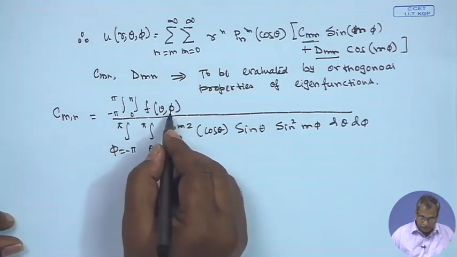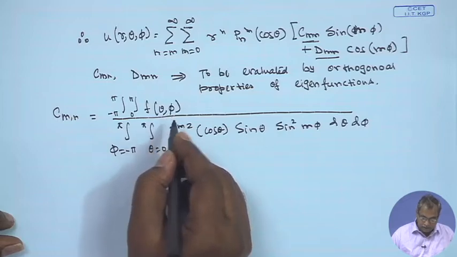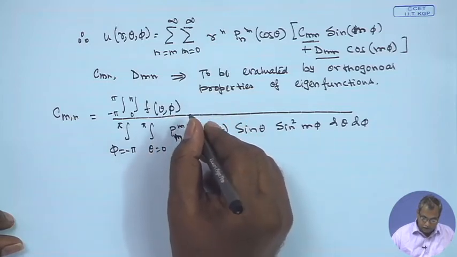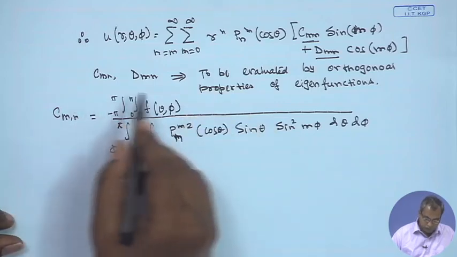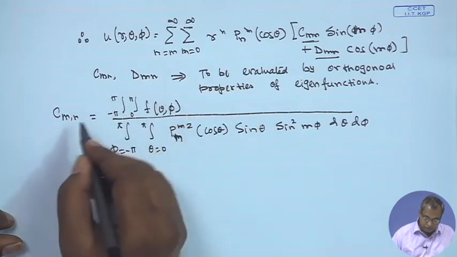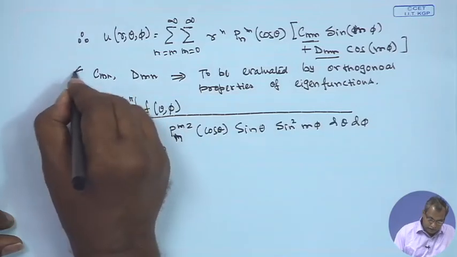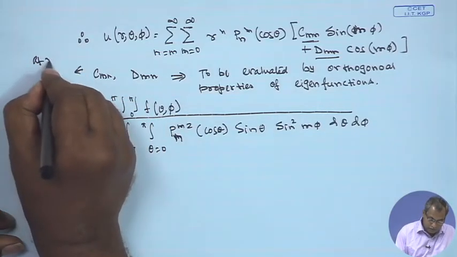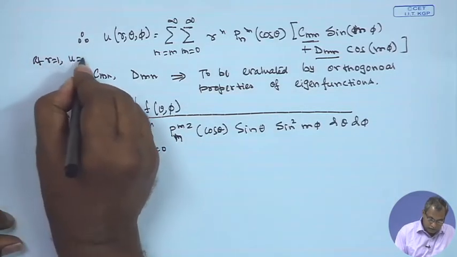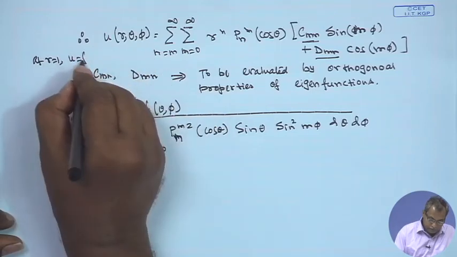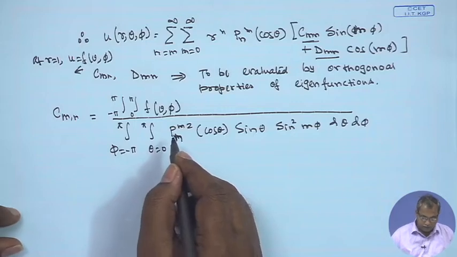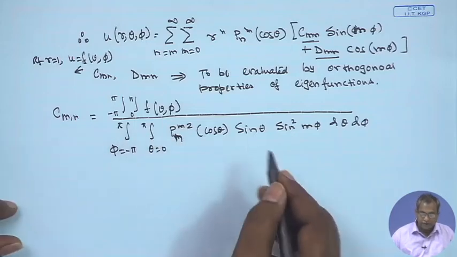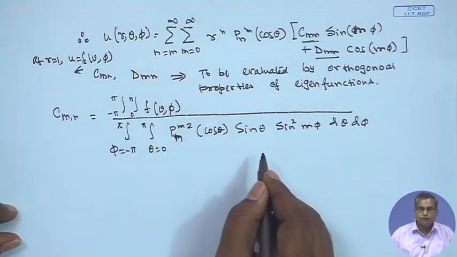F theta phi is the condition at r is equal to 1. So, we will be getting this from the boundary conditions, using the condition that at r is equal to 1, u is equal to f of theta phi, some prescribed, known function of theta and phi.